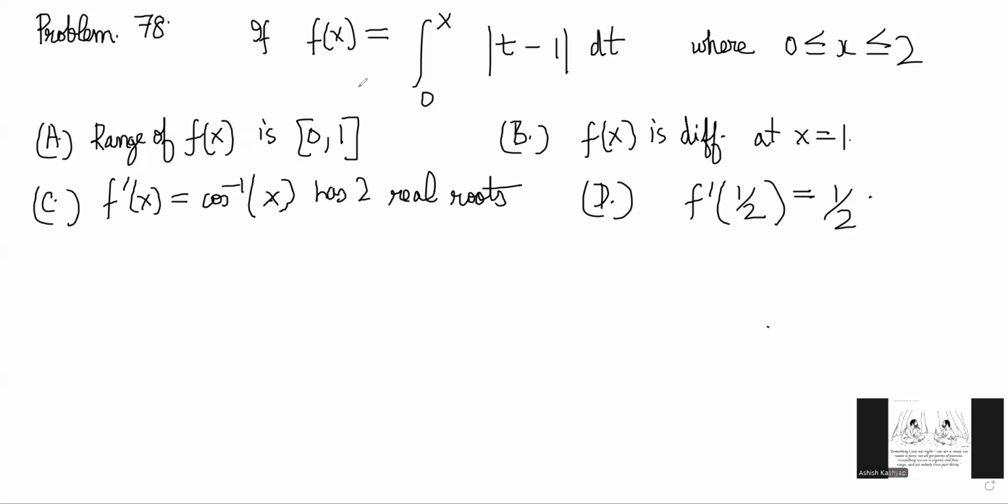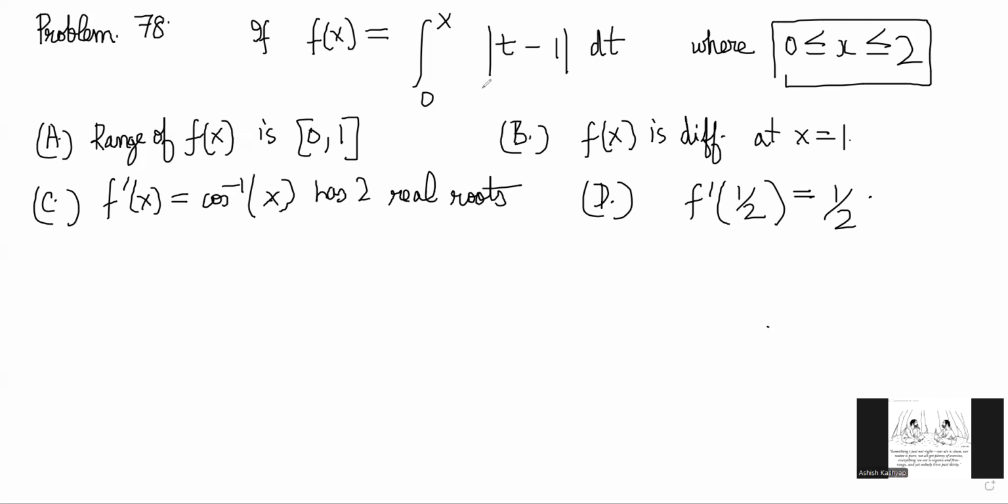And now we have to figure out how to work out this integral, right? Here, understand that the values of x are anything between 0 to 2. So we have to think about how that affects the integral.